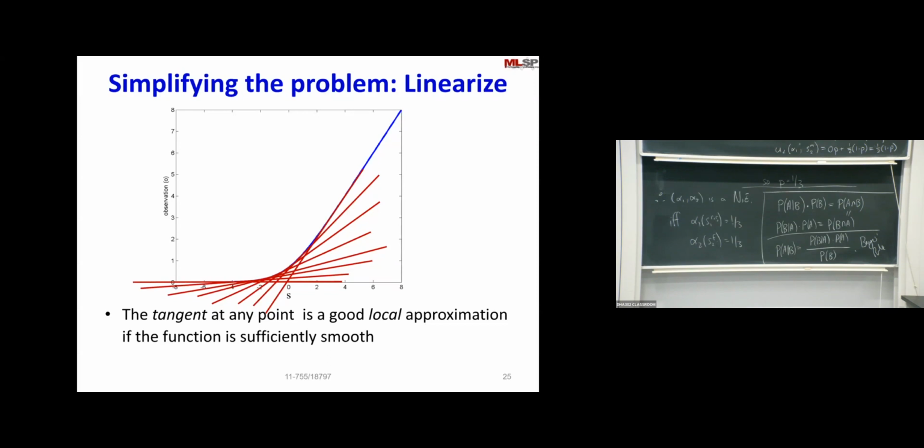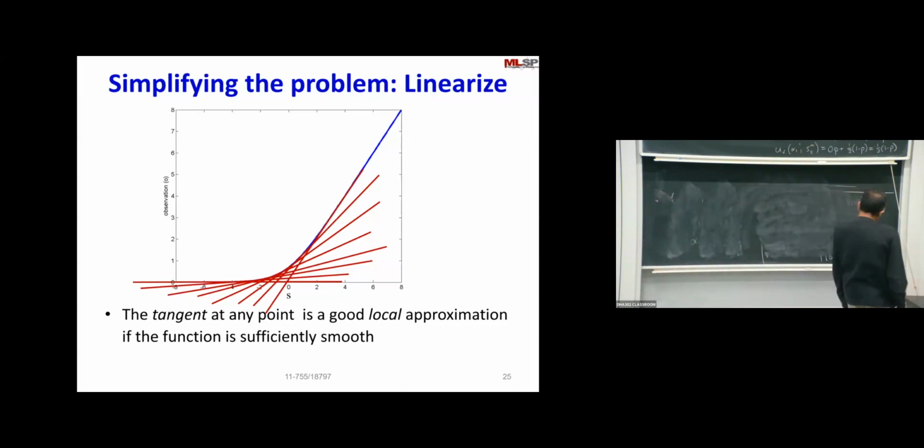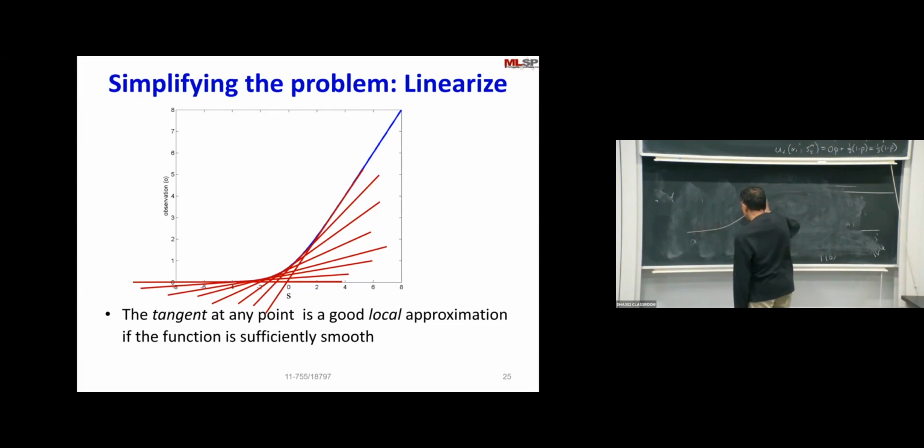Now, here's the other thing that comes to our aid. And this also tells us where we're going to have to linearize our function. Okay, so let's say this is my real function, right?